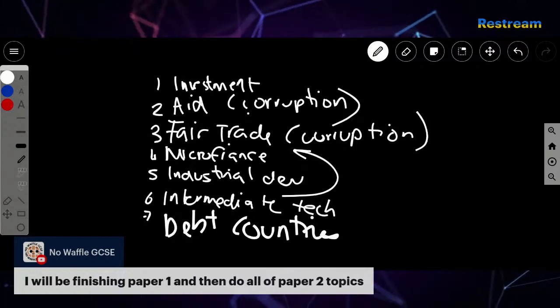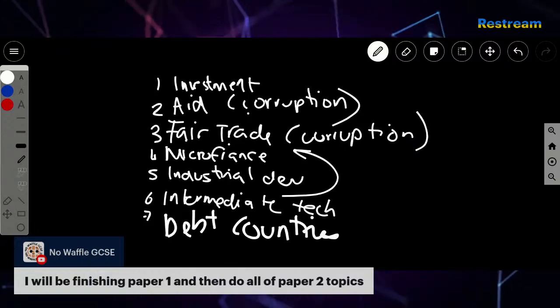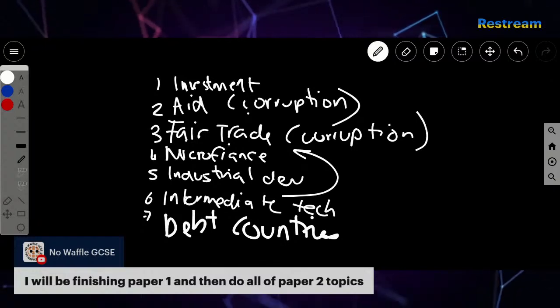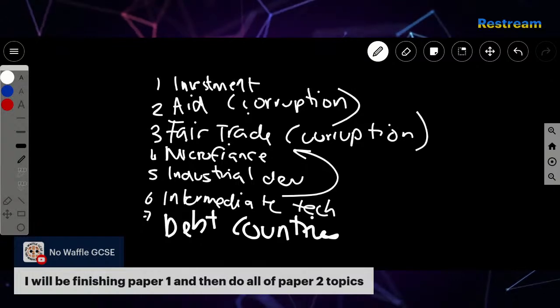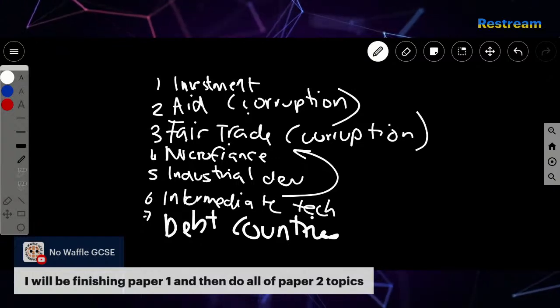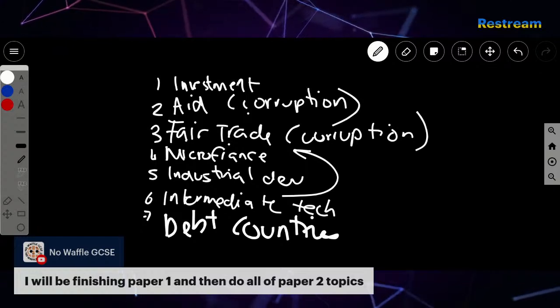I think in 2006, Zambia had $4 billion worth of debt, and it was all cancelled. The whole thing was cancelled. And what it did was it allowed Zambia to start a free healthcare scheme.